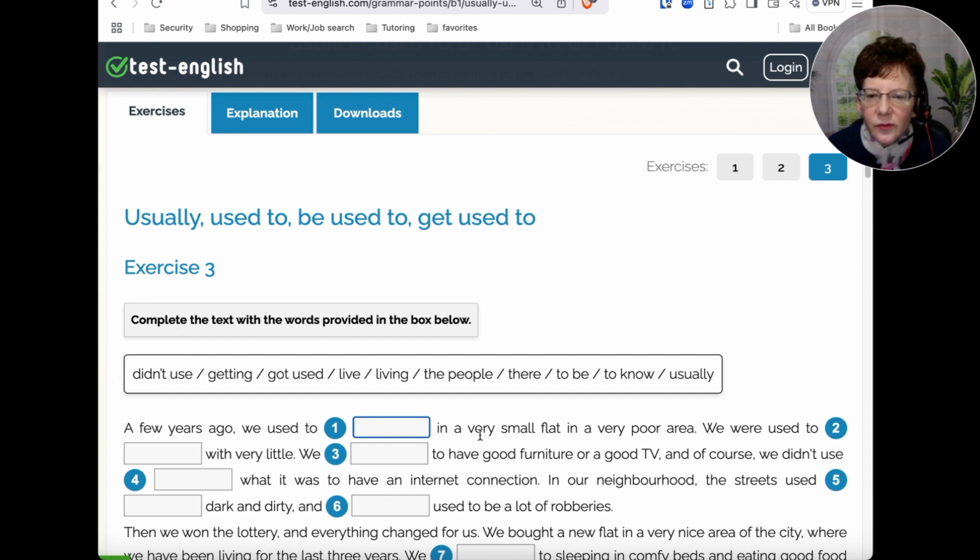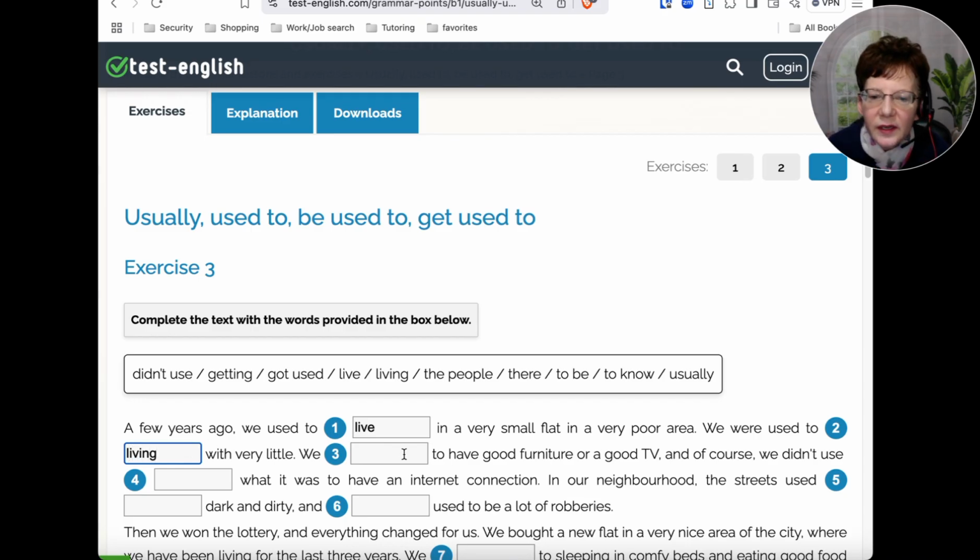We want the infinitive form, so live. Next, we were used to, number two, what with very little. So used to plus a noun, we want the -ing verb. So living.